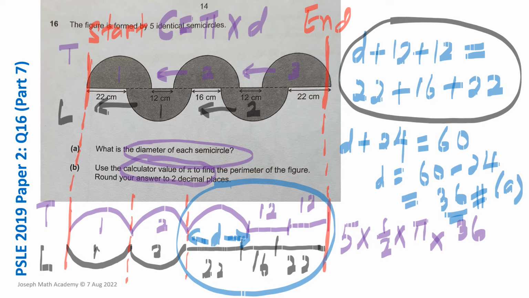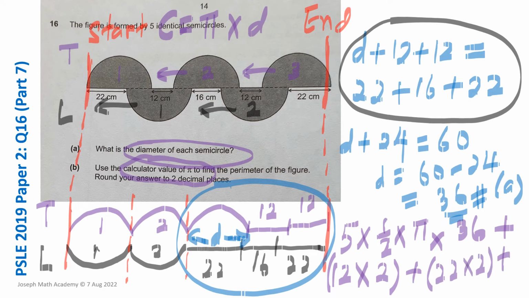I'm going to put them in. So we have to add up 12. Now 12 appears 2 times. We have to add 22. 22 appears 2 times. And we also need to add 16.